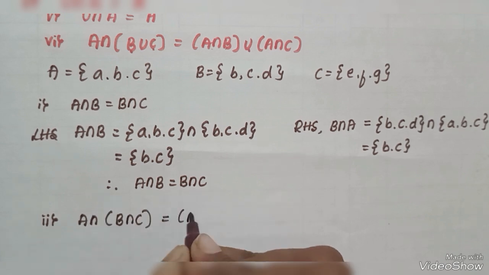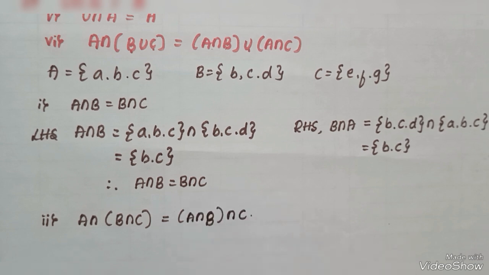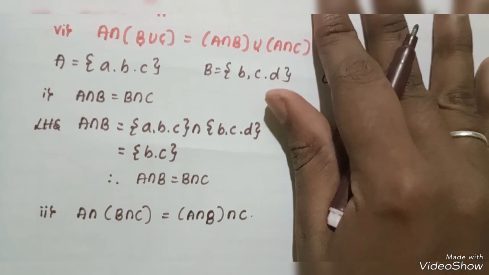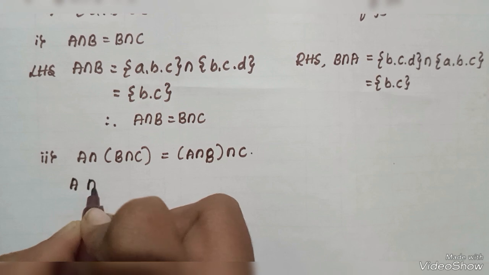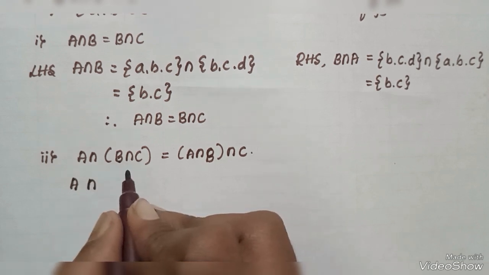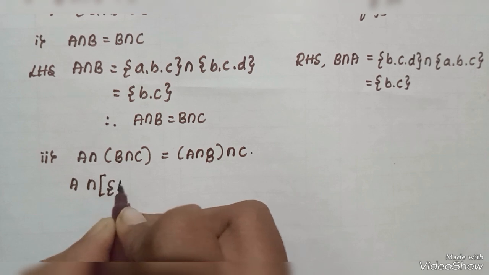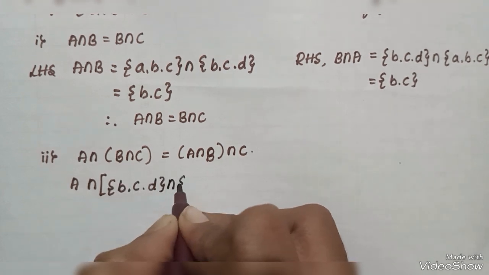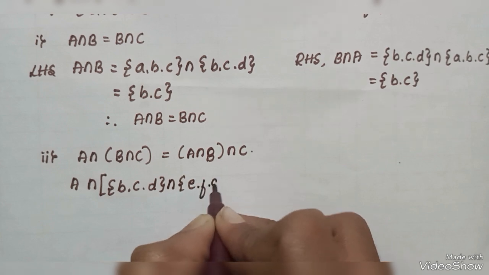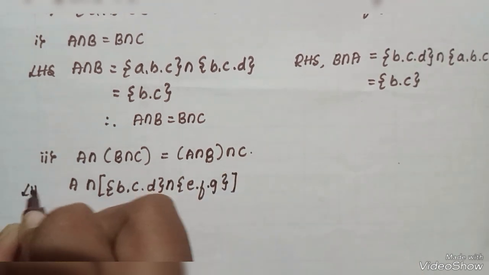Again we consider the second property, that is A intersection B intersection C. Now I simply substitute. First, A intersection, in between B and C, what are the elements? Set B contains the elements B, C, D, and set C contains the elements E, F, G. Okay, this is the left hand side part.